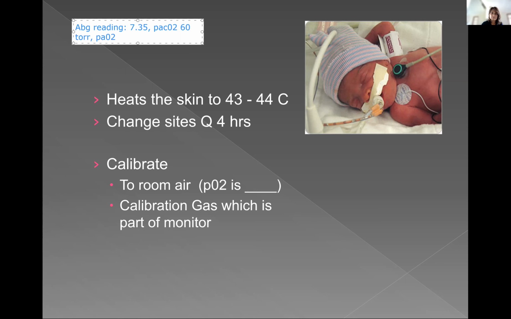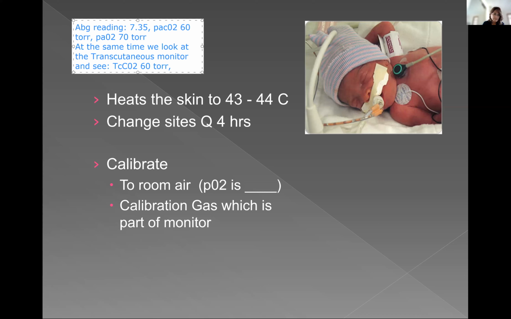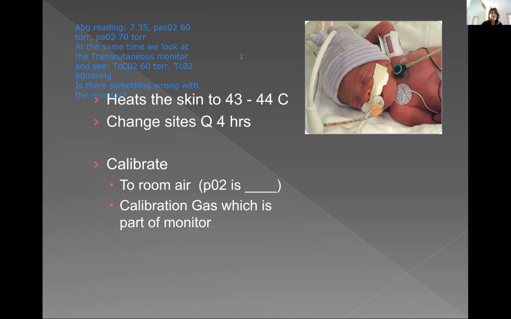PaO2 is 70. So I gave you a blood gas, 7.35, the CO2 is 60, PaO2 is 70.